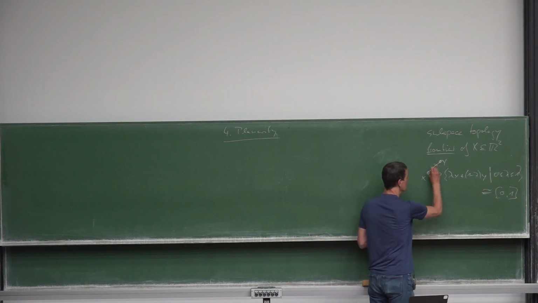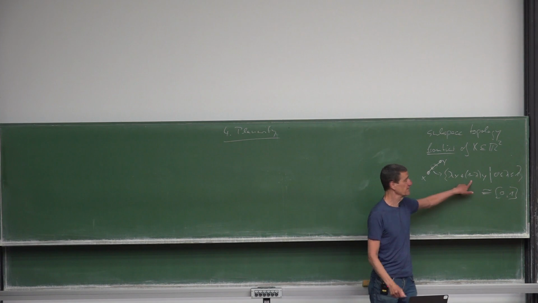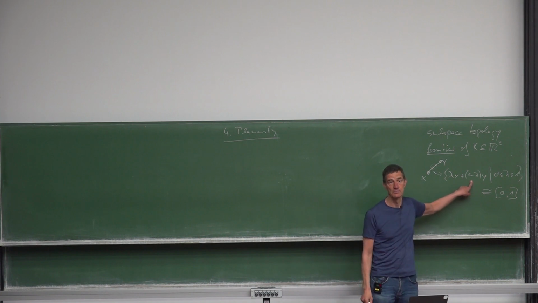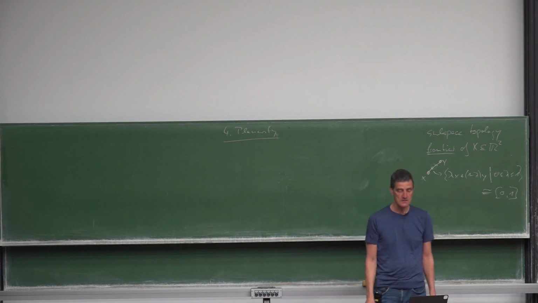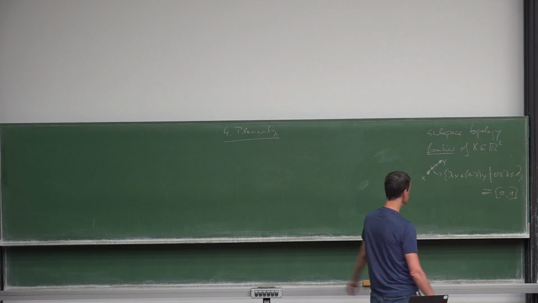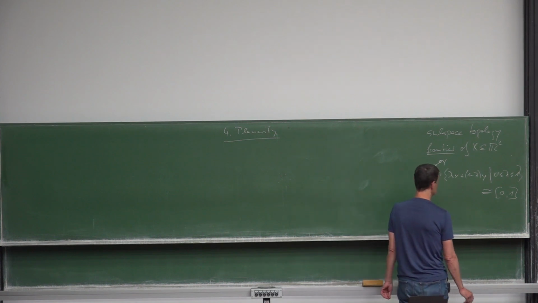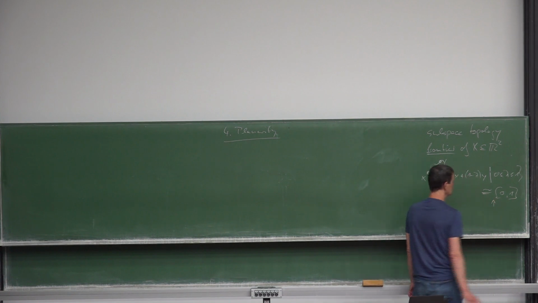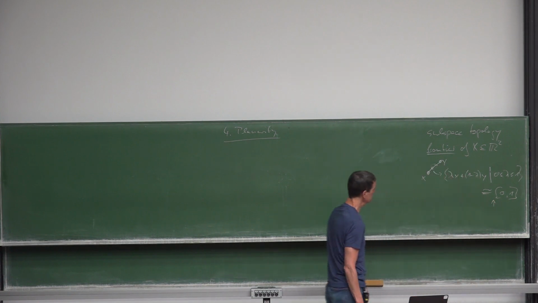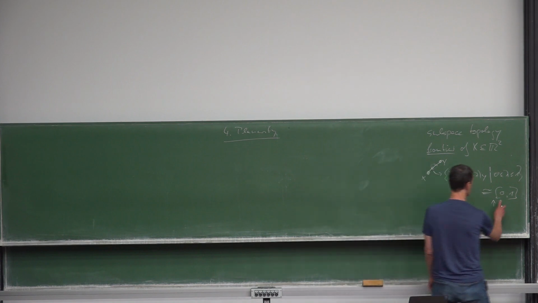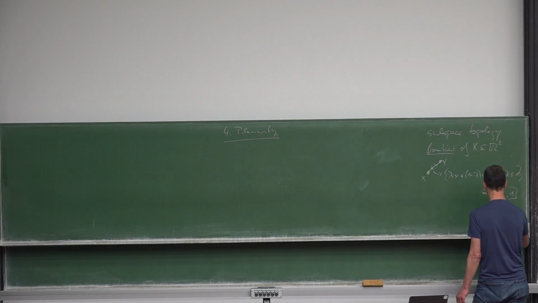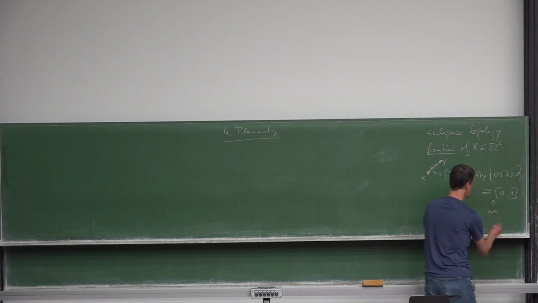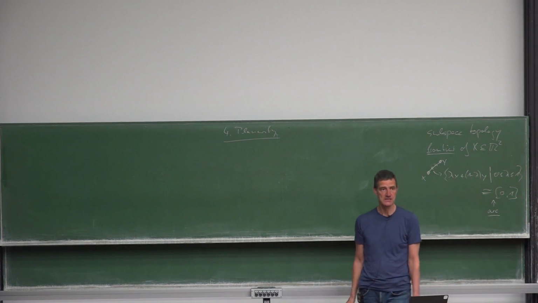So that's an open subset of that set, for example. Okay, and more generally, subsets of a plane that are homeomorphic to 0,1 are called arcs. I call them arcs.